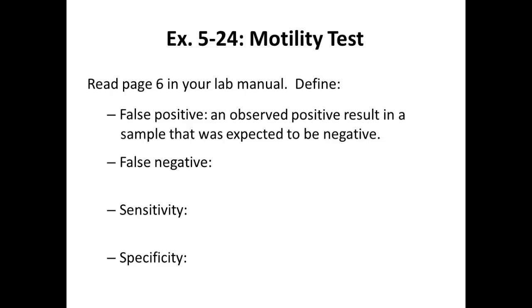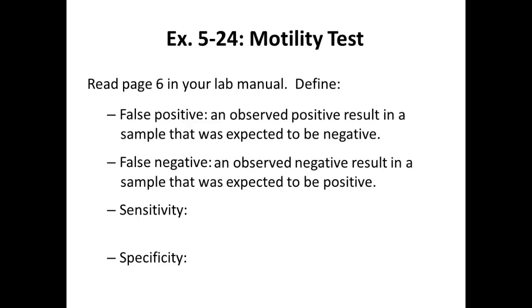So a false negative would be, it looks negative, right? But is the organism actually negative, in this case for motility? No, right? So what are some things that could have gone wrong, right? So these are the things that we'll talk about. What could give us the possibility of it looking negative, but the organism is in fact positive for motility?